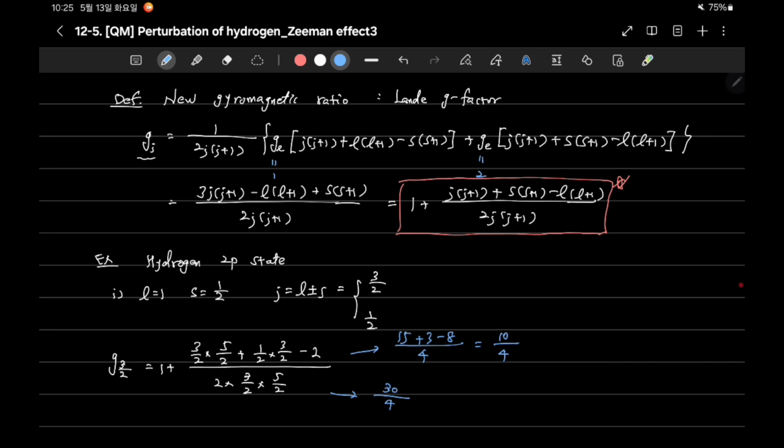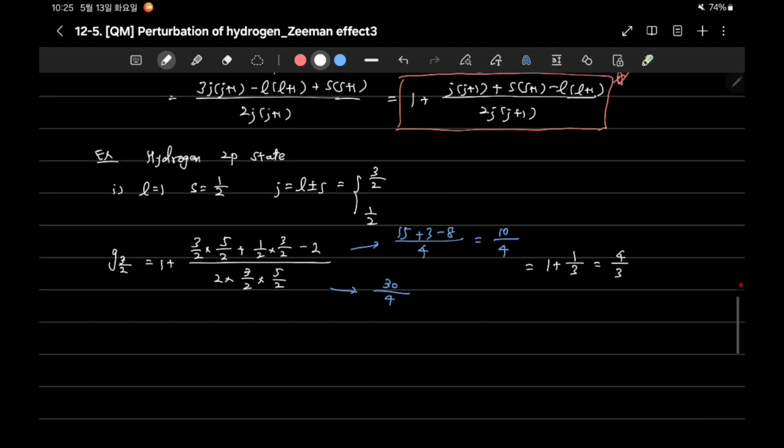So it comes to 1 plus 1/3, so it is 4/3. In the case of total angular momentum 3/2, the gyromagnetic ratio is 4/3.